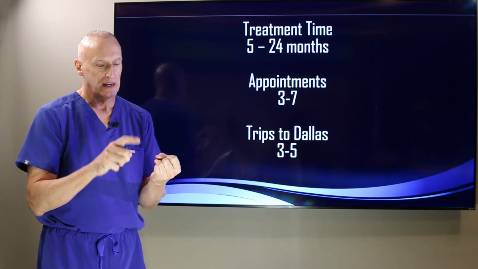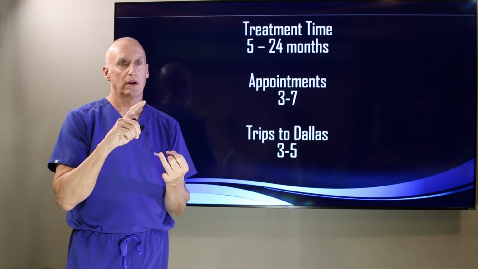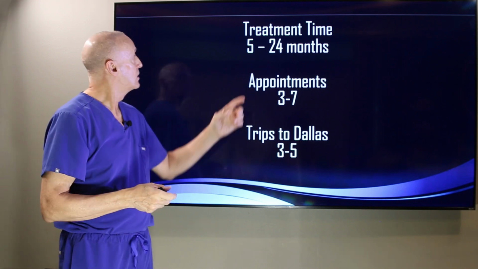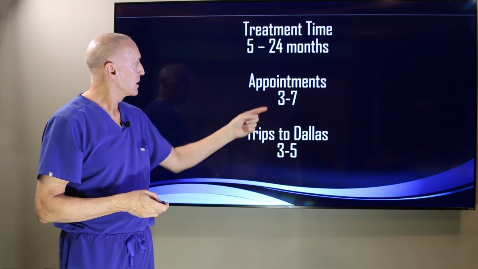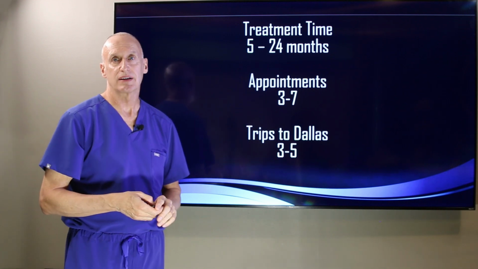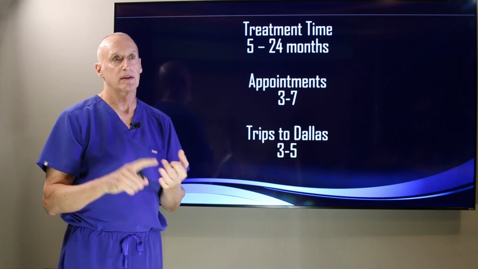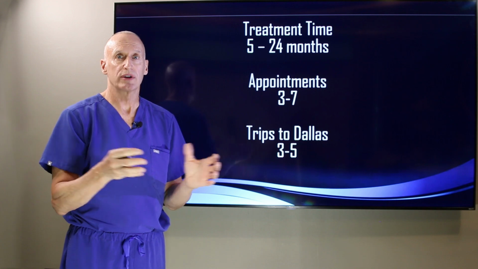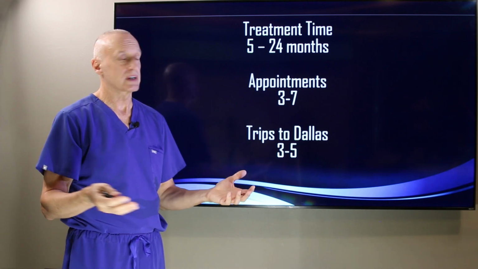These treatments, if you've got really good bone, and we can get really good implant stability on the first surgery, your treatment time may be as little as 5 months. It may take us three appointments, 3 trips to Dallas. But if your bone is bad, you need bone grafting, or we have any complications along the way, all those things are going to increase the treatment time and the number of trips you have to come here.